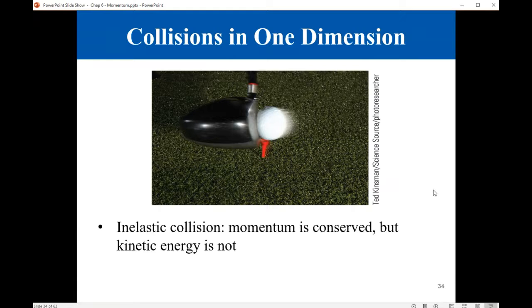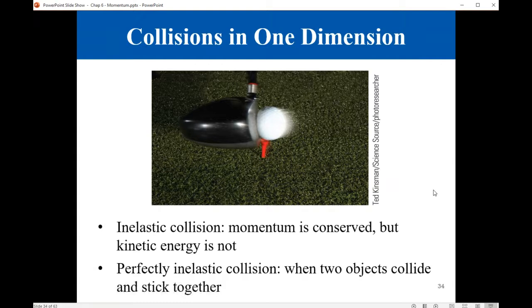Then the restoring force will restore the ball to its original shape as it leaves the bat. For this collision and all other collisions, momentum is conserved, but kinetic energy is not. Kinetic energy in inelastic collisions is not conserved.